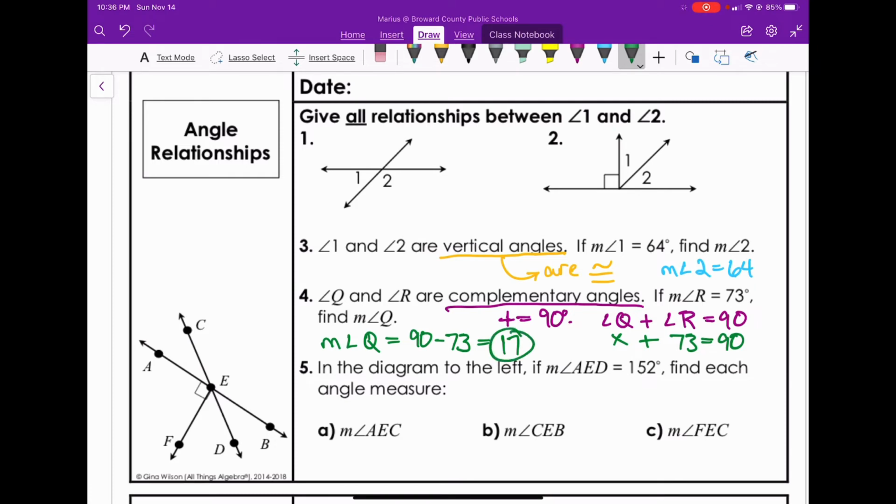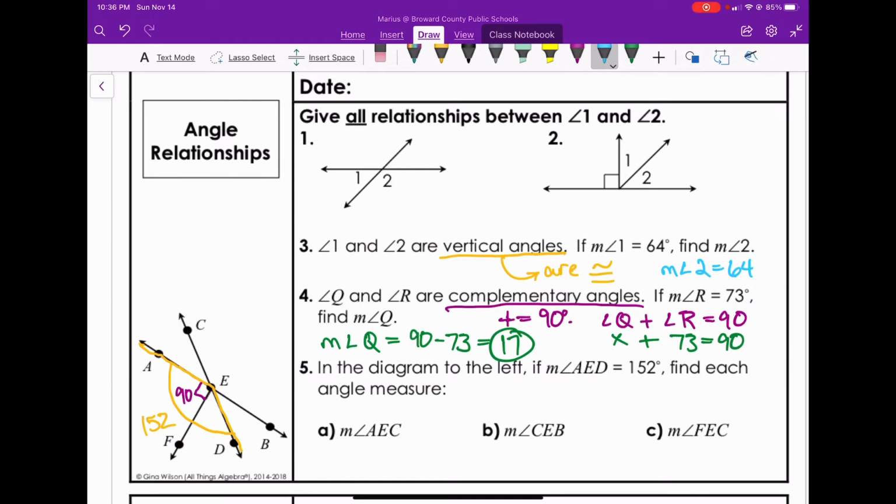Okay, and number 5. In the diagram to the left, the measure of angle AED, which is all of this, is 152 degrees. We know that this little piece here is 90 because of that box.